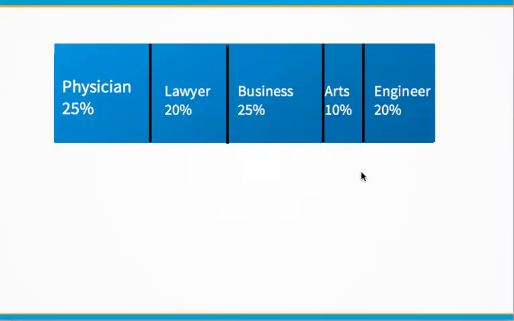The people who want to study arts are the least amount of people, because graphically it's the smallest section. The people who want to study a career more are those who want to go to medical school or business, about the same amount. Actually, it's the same amount, 25% and 25%.